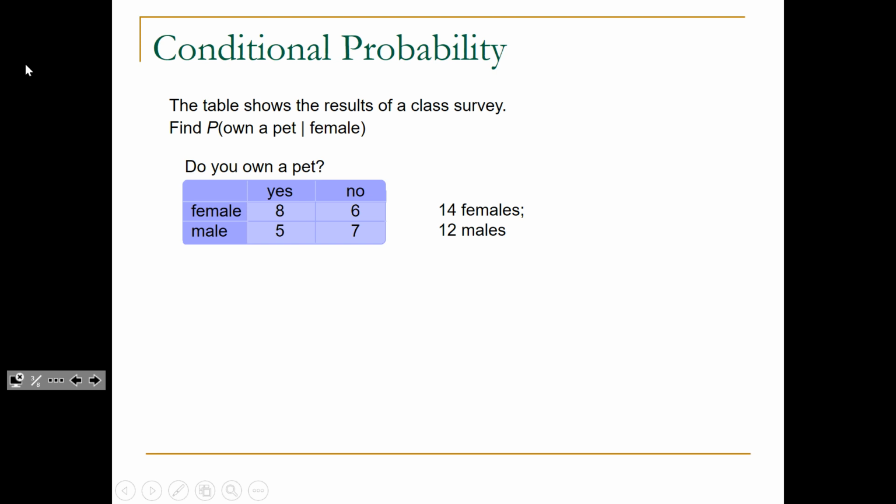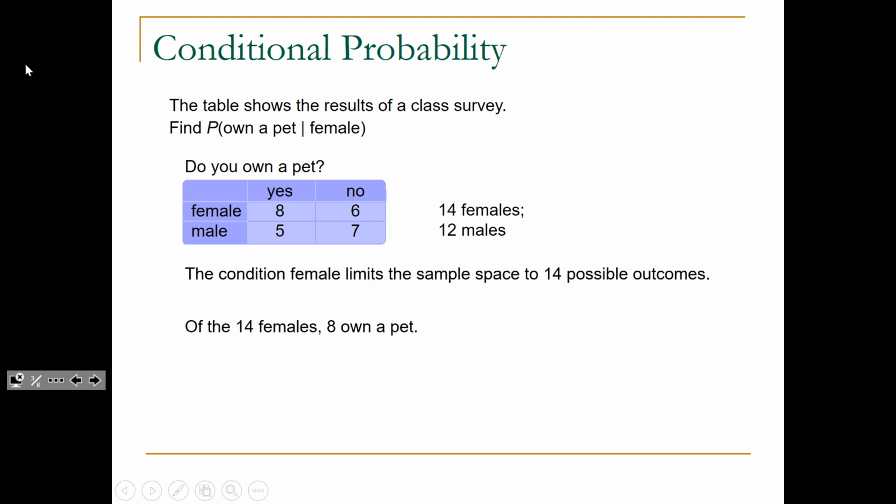So how many total females do we have? 14. So I don't care about the males because it's been restricted to females only. And then I want to know how many of the 14 females own a pet. 8. So our probability would be 8 over 14.